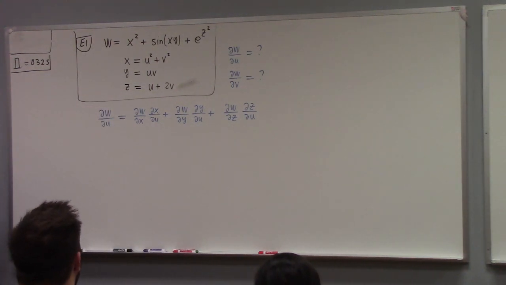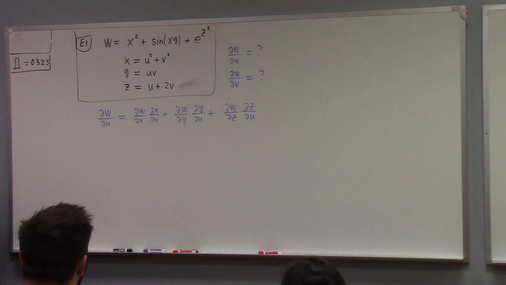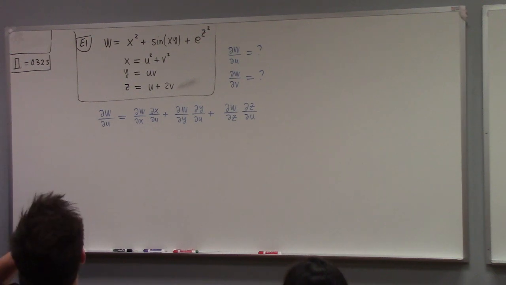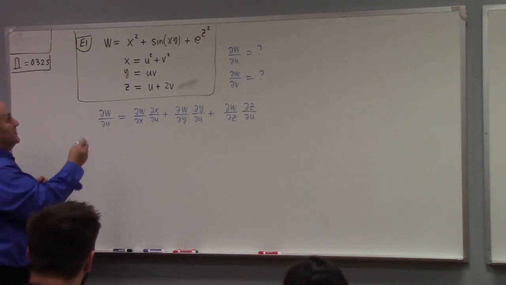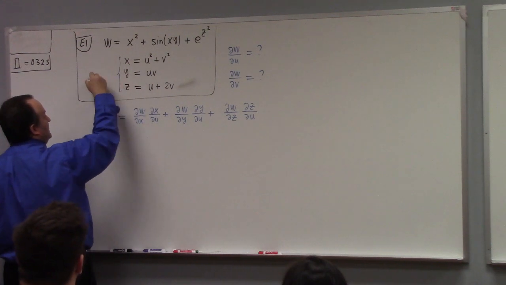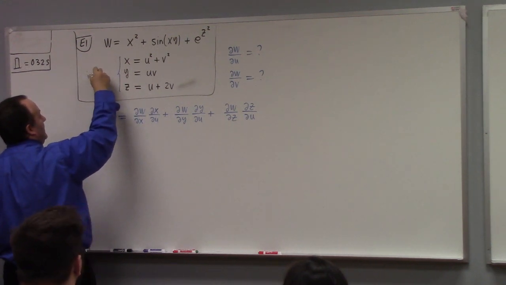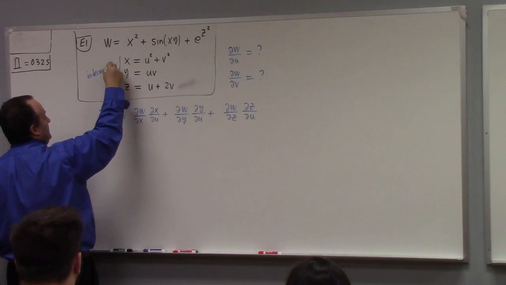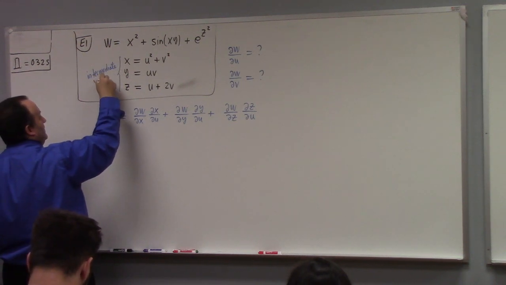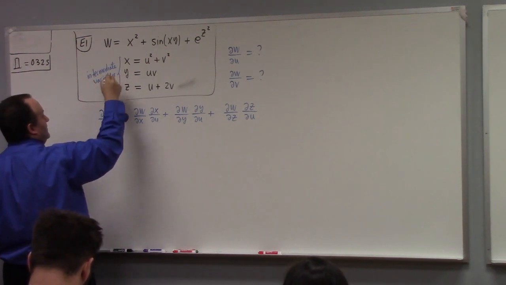So we have to account for the change in each one of the quote-unquote intermediate variables. So here, these x, y, and z in this context are intermediate variables. That's the terminology that's sometimes used.